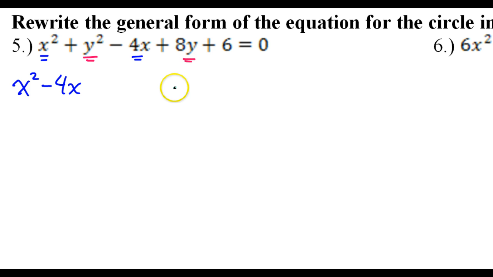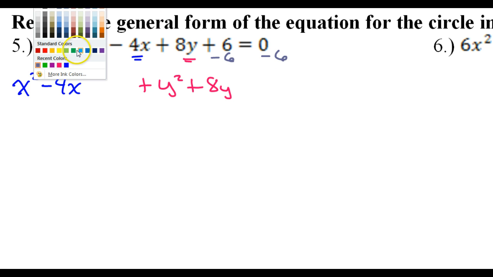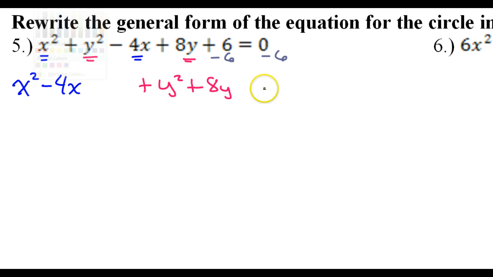So I'm going to have plus y squared plus 8y. Now you see that 6 there? Well, that's got to go to the other side. So I'm just going to subtract 6 from both sides, and we'll have equals -6.